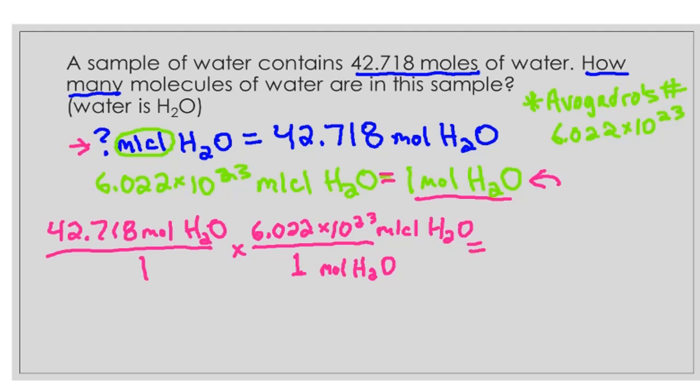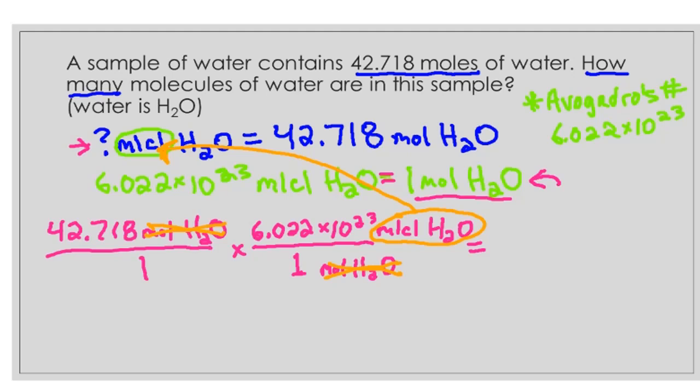Now, we can cancel out any units of measurement that are diagonally across from each other. So we have moles of H2O up here, moles of H2O down there, leaving us with molecules of H2O. Now, is that what the question's asking? Yes, how many molecules of H2O? So we set it up right.